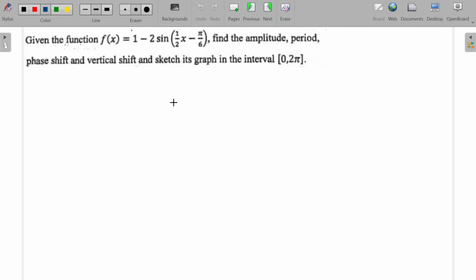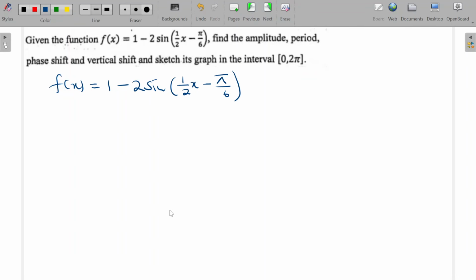Okay, so now this is your function: 1 minus 2 sine (1 over 2 x minus pi over 6).